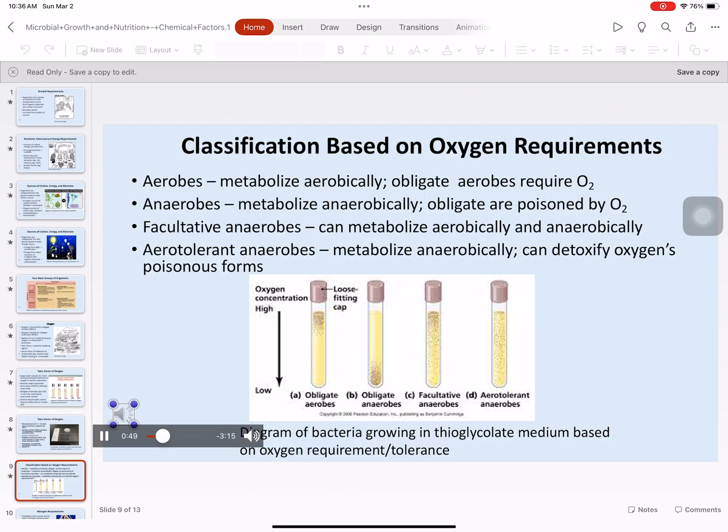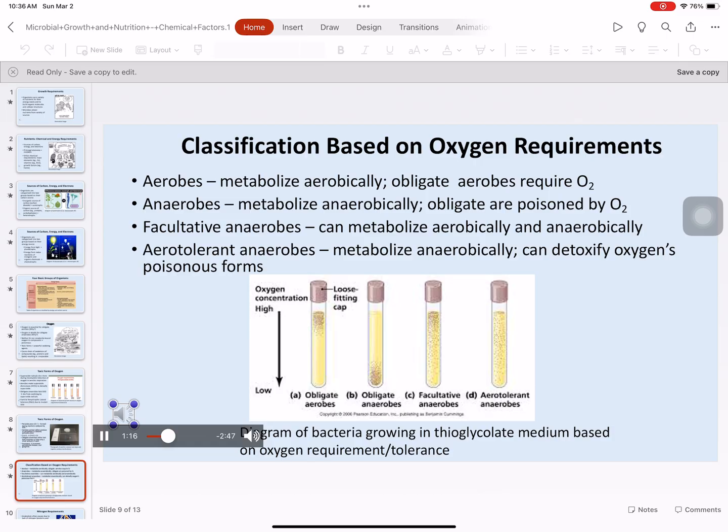If we look at our figure below, we can use a special kind of culture medium, a medium that contains thioglycolate, which will remove any free oxygen. And so we can look at where in a thioglycolate tube an organism grows.